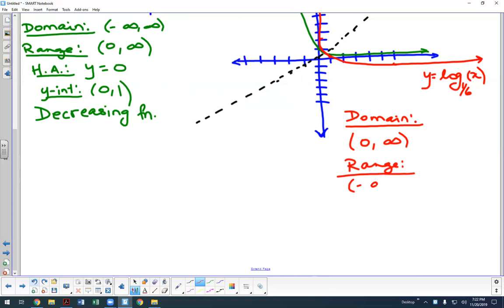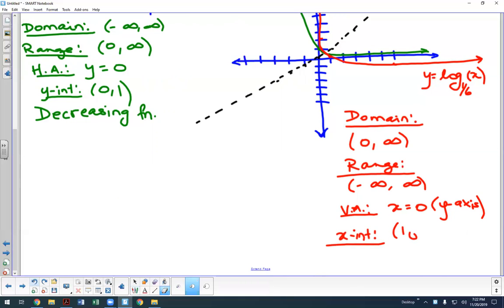Range would be going from negative to positive infinity. Now, horizontal asymptote? No. What will it be? Vertical at what value? Very good. x equals 0, which happens to be our y-axis. Again, no y-intercept. x-intercept at 1, 0.